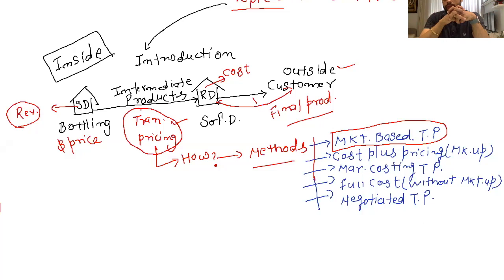But if there is a transaction between 2 subsidiaries, it also involves taxation. Yes, taxation occurs when the organization is in foreign countries, such as Coca-Cola.